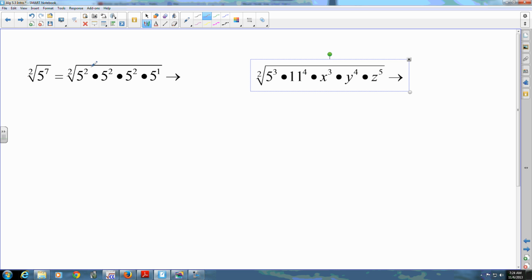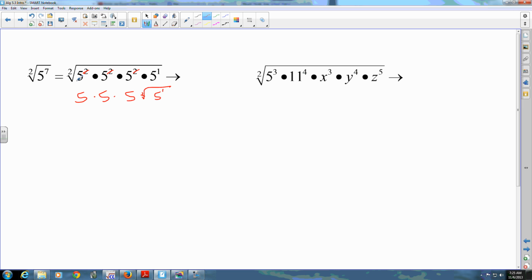To do that, I'm going to rewrite 5 to the 7th as 5 squared times 5 squared times 5 squared, which is 5 to the 6th, times 5 to the 1st, gives me 5 to the 7th. Doing it this way, this power matches the root, so it's going to pop out. This power matches the root, so it's going to pop out. This power matches the root, so that one's going to pop out. And I'm left with 5 to the 1st on the inside.